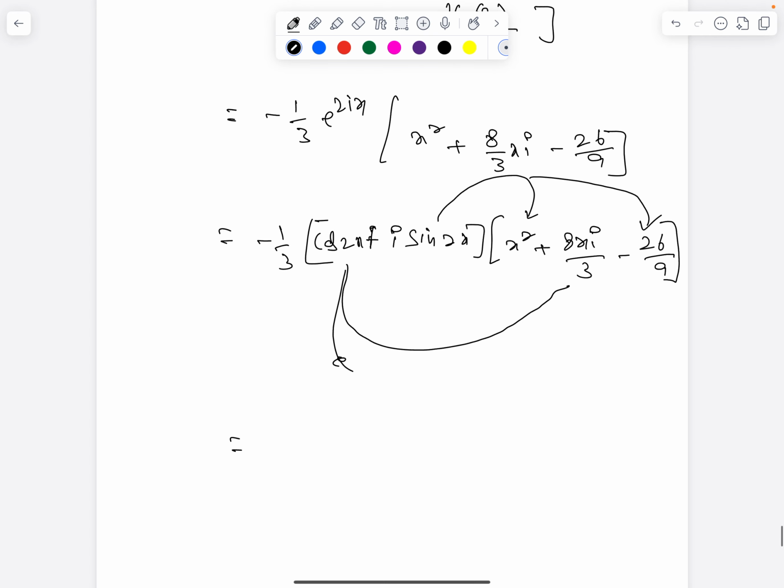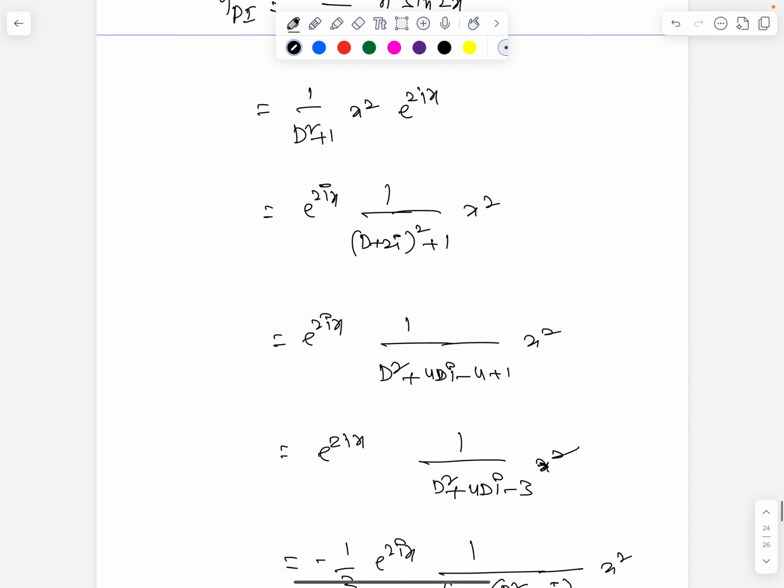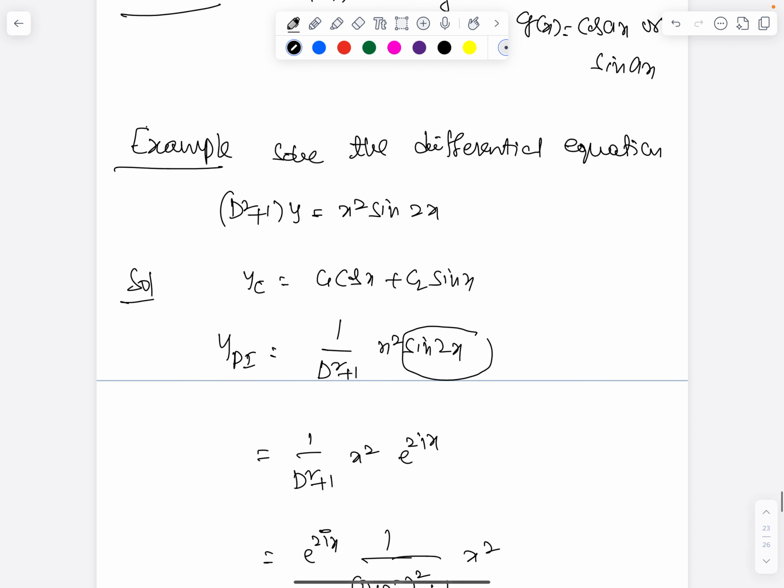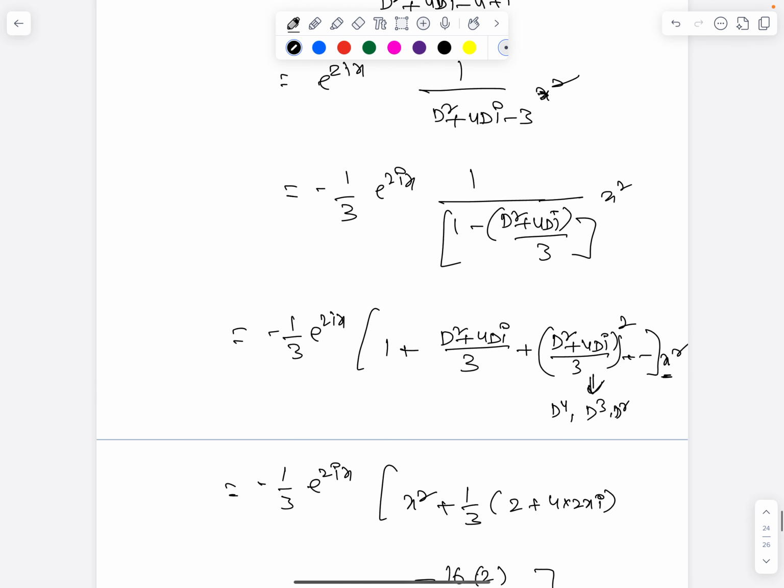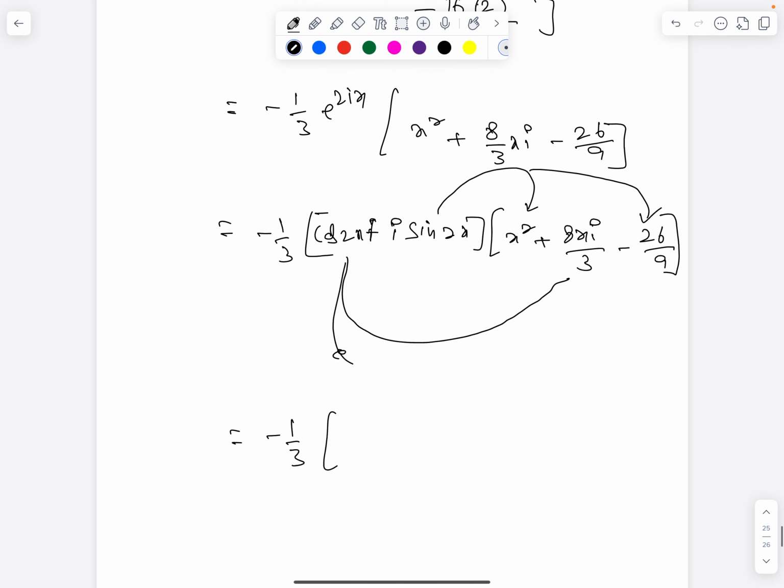So that gives you minus 1 by 3 times only imaginary parts, because in the given differential equation the sine corresponds to the imaginary part. Therefore, you have to look at the possible outcomes with the imaginary part only. So this gives you x square minus 26 by 9 into sin 2x, and similarly the other case is 8 by 3 x cos 2x, that is your particular integral.